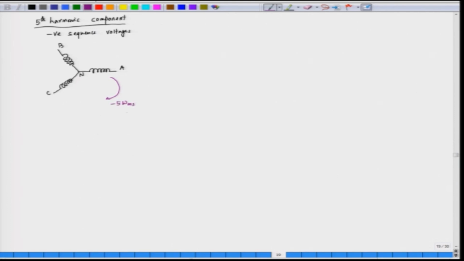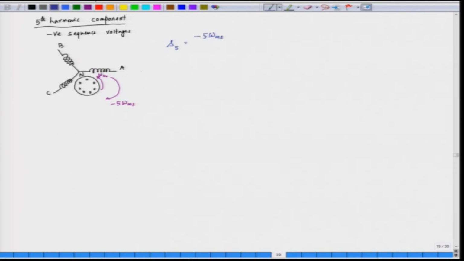So, this is minus 5 omega ms. This is actually the speed of the rotating field, and the rotor is rotating as per the normal convention at a speed of omega m. So, what is the slip here? We define the slip with respect to the fifth harmonic with synchronous speed omega ms, but we have the fifth harmonic, so we multiply by 5.